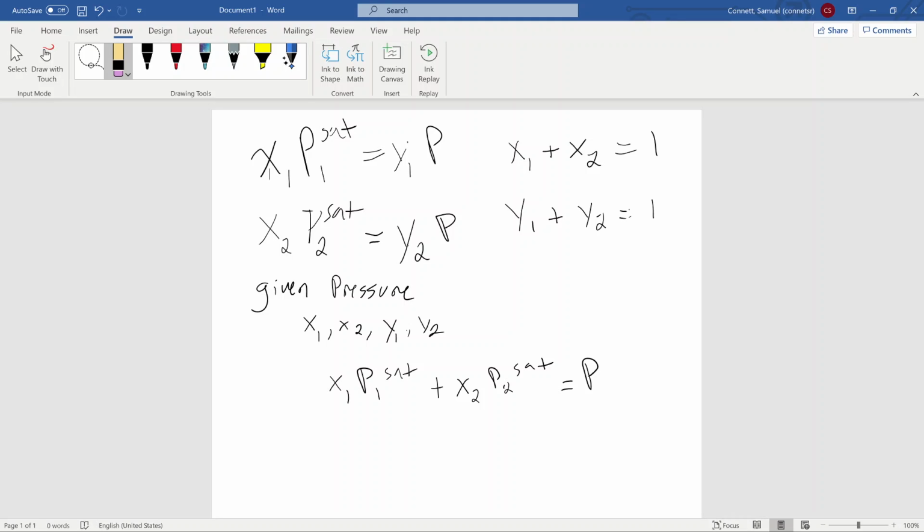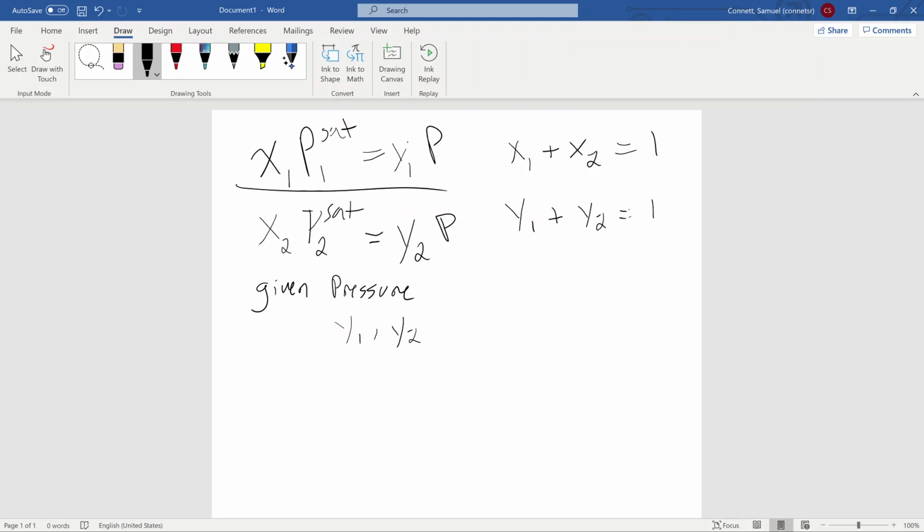And now for our dew point temperature calculation, we are also given pressure, and we're given y1 and y2. So now we want to solve for x1 and x2.